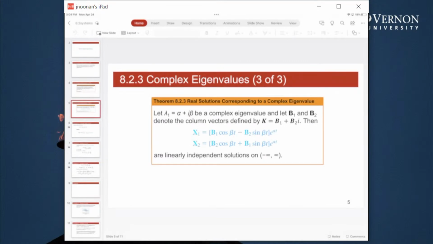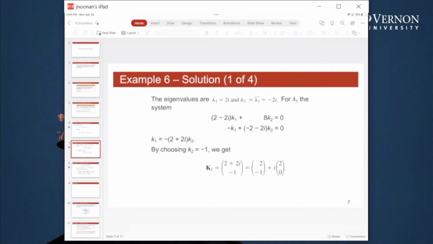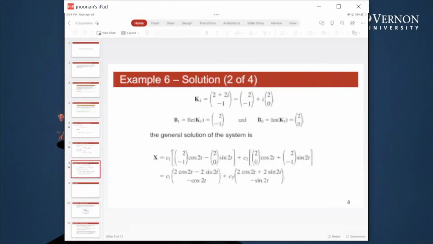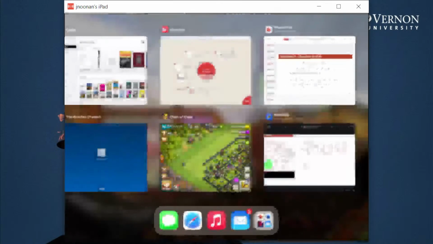We've got x1, x2. Here we go. You do the plus and then the minus. Okay. I guess this is the solution right here, but we'll go back here.